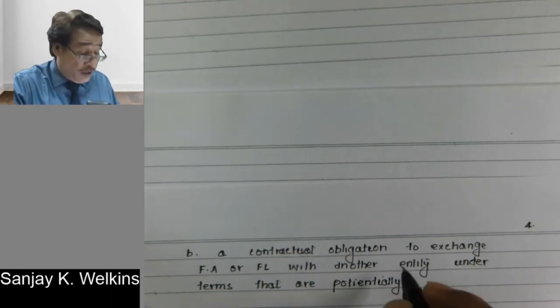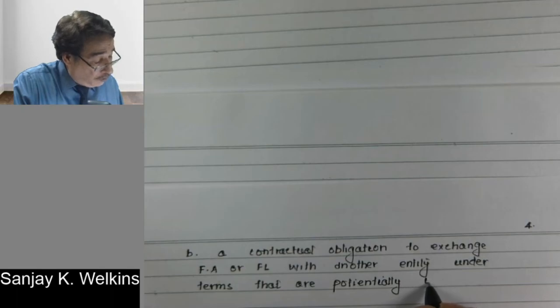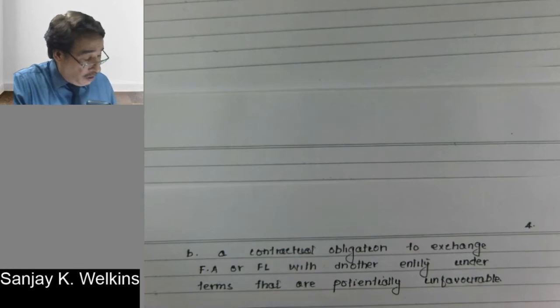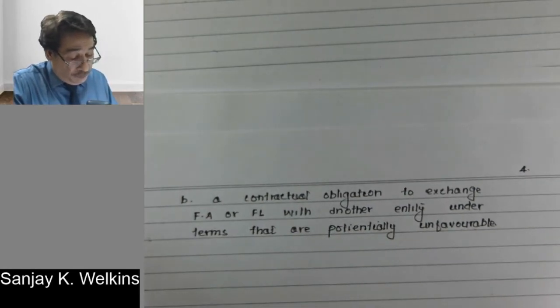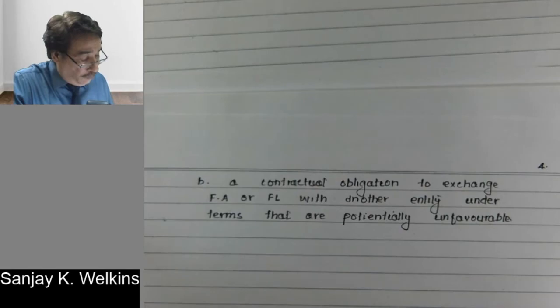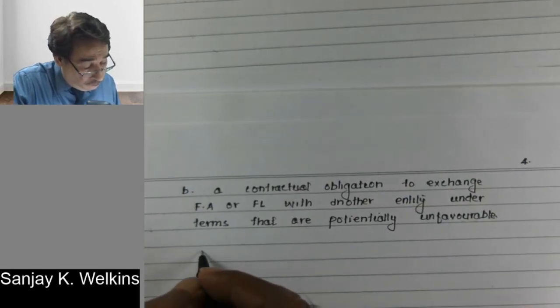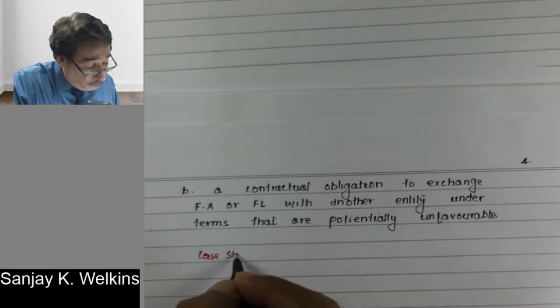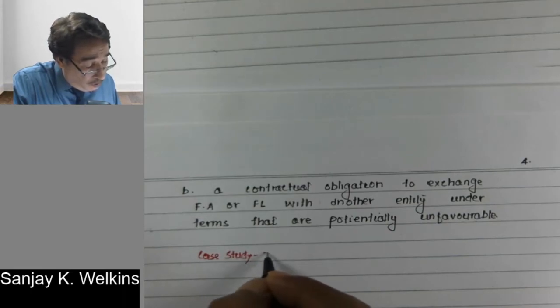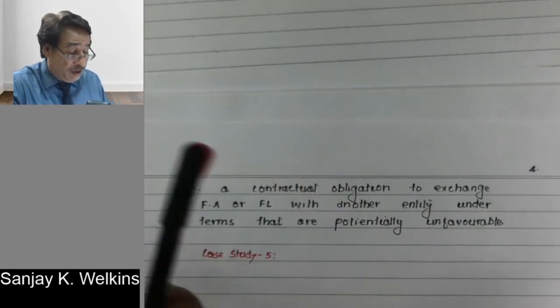You have the obligation, you cannot say no. Even though these are unfavorable conditions, you cannot backtrack. There is an obligation, so that is why it is a liability. Correct?